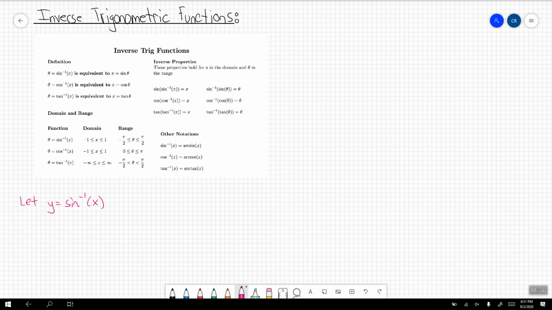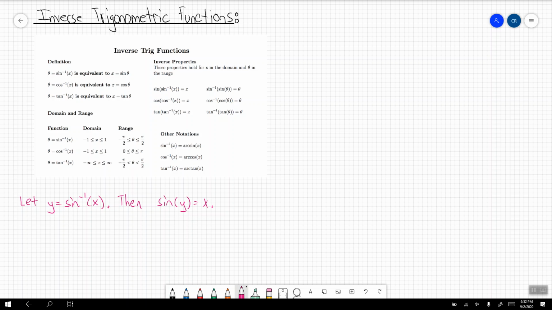They use theta, however I'm using y. Now, if this is the case, then we are able to extract that sine of y is equal to x. That's just by using our inverse properties, and those inverse properties are shown on screen.